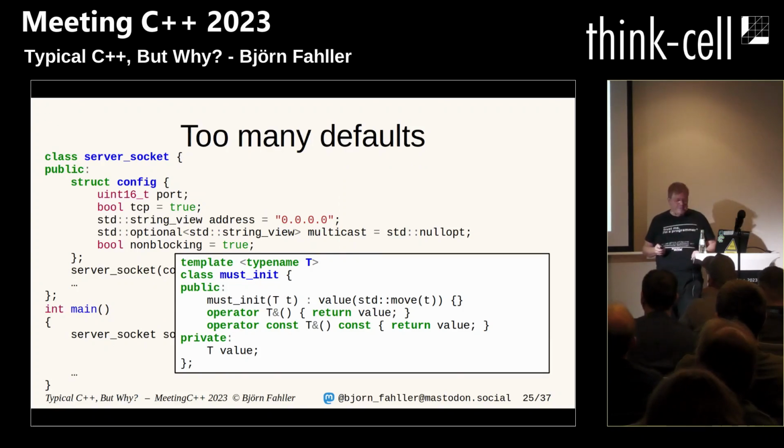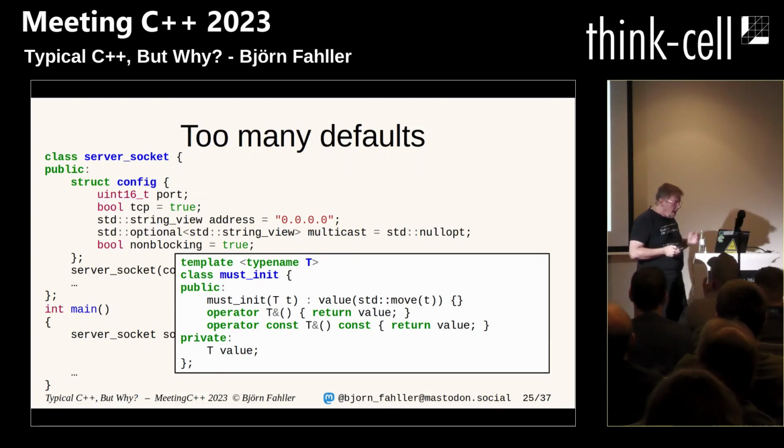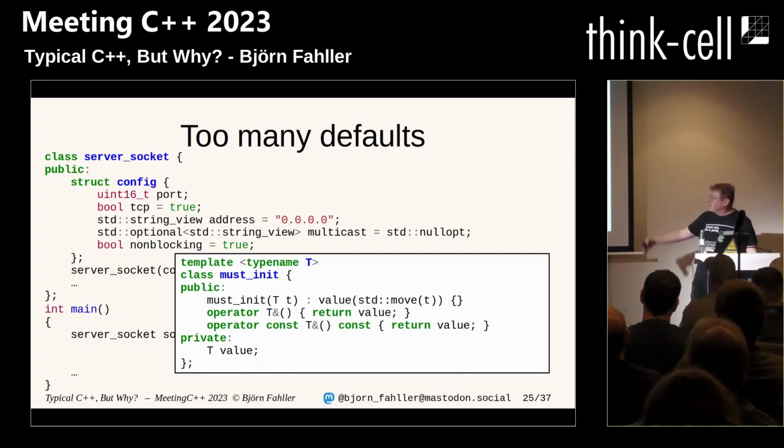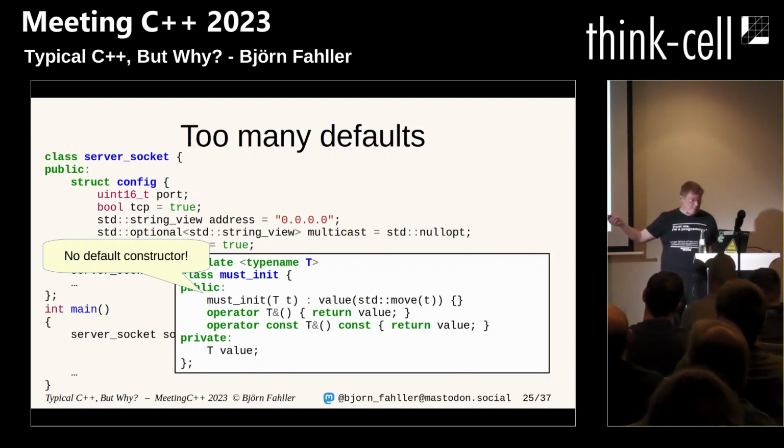So enter the most advanced piece of code you're going to see today. It's advanced because it's a template. So must_init of T. It holds T as a value, and I don't know if you know the rules for when the compiler is allowed to make a constructor for you.